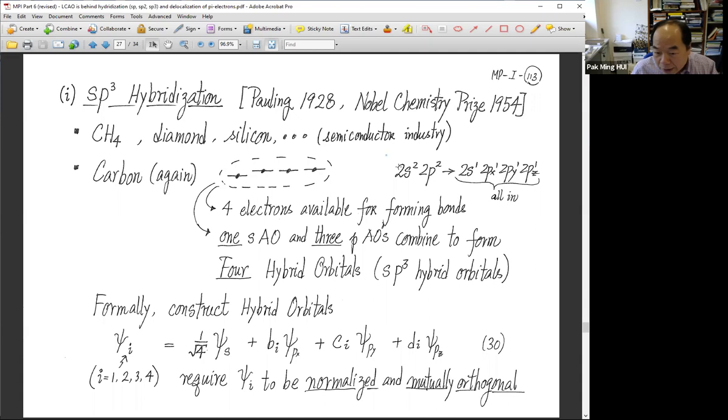Again, looking at this carbon electronic structure with our experience, we should start with something like that. Now it becomes possible to bond to 4 hydrogen because we have 4 states each with an electron in, and 4 hydrogen each with its own electron can pair up and form 4 bonds.